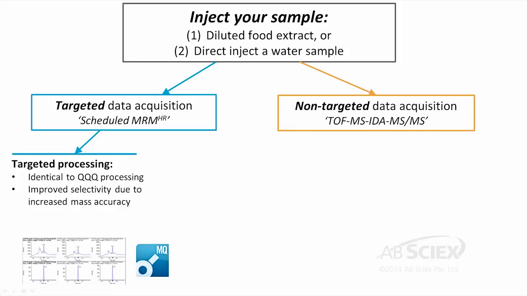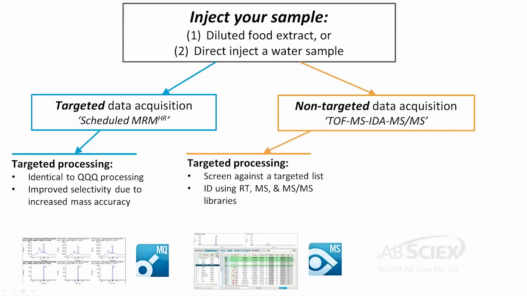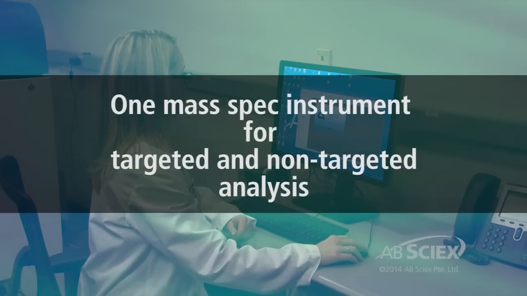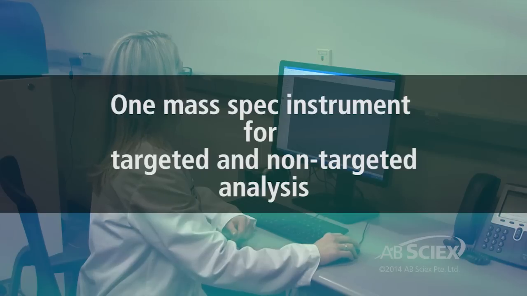The mass spec will record every mass detected and collect MS-MS information on those detected peaks. You can then process your data against a targeted list or using the unique non-targeted data processing tools included in MasterView software. Multiple workflows that you can customize to meet your needs and help you to answer the question, what is in my sample?